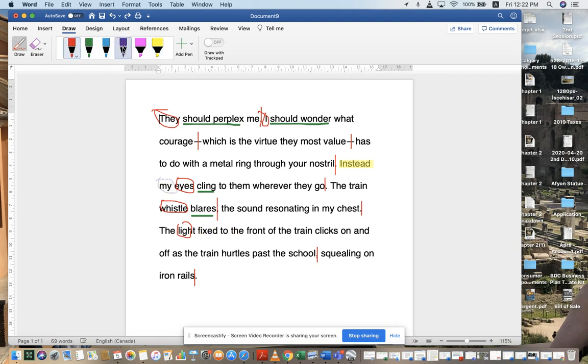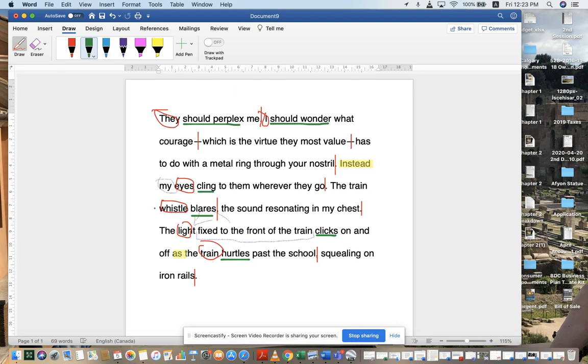I'm going to separate that for now, and I'll tell you guys later why I did that, because this entire thing is describing the light. But the predicate is actually right here: "clicks." And then we have another adverb, "as," which requires a subject, "train," "hurdles." And "squealing" is another one of those participles that we've met before in so many different challenges.